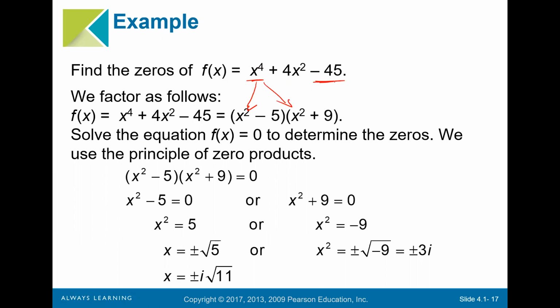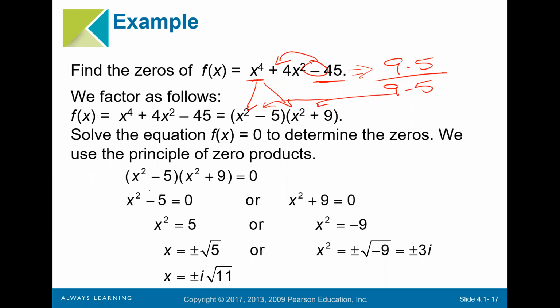Then I'm going to take a product of 45 that subtracts to give me a positive 4. Well, I know that 45 is 9 times 5. So if I subtract them, I need a positive 4, and 9 minus 5 works. So I plugged them in here.